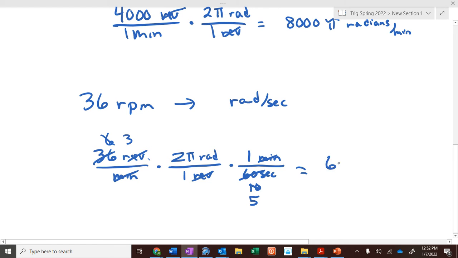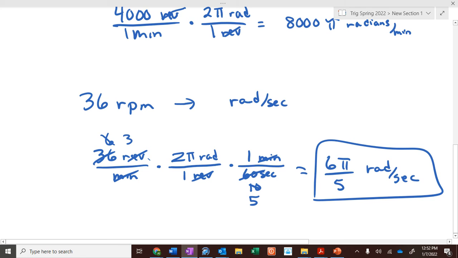So we get 6 pi radians per every 5 seconds, or 6 pi over 5 radians per second. Okay, so 36 RPMs translate to 6 pi over 5 radians per second.